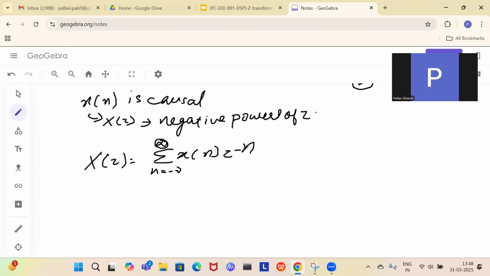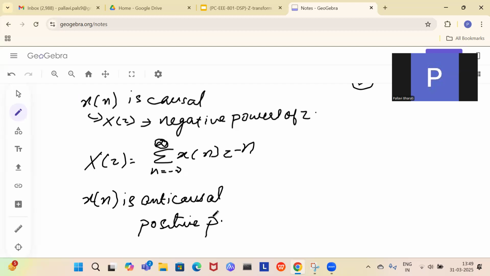In this case, all the n values will be minus something, and this minus and this minus will become plus. So when they are telling you to find the sequence xn, if it is anti-causal, you should get positive powers of z. Now, how to get xn with the long division method?